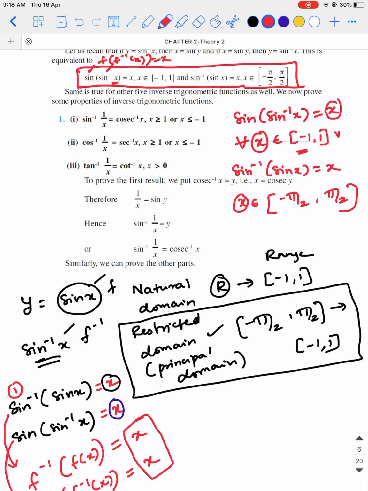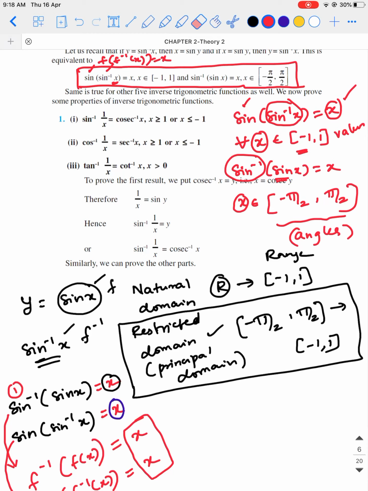So minus 1 to 1 are the values and minus pi by 2 to pi by 2 are the angles. As I already told you, whenever you do sin inverse of any value, you get an angle. Similarly, sine of any angle is going to give you the value. That is the meaning.